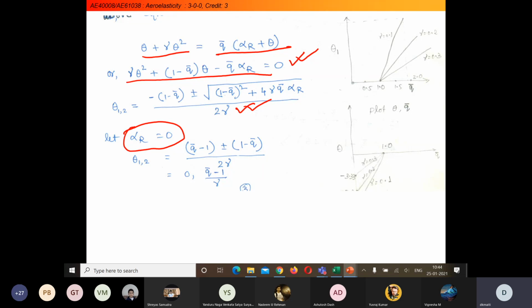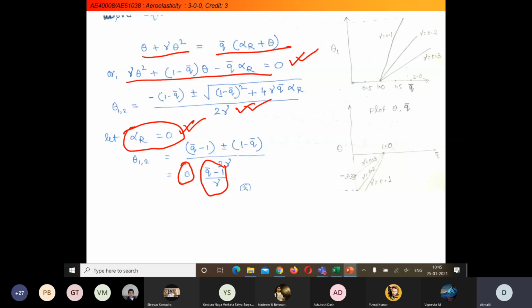Then once I substitute alpha r equal to 0, theta 1 comma 2 becomes q bar minus 1 plus minus 1 minus q bar divided by twice gamma. So we will have one root equal to 0, another root q bar minus 1 by gamma. So depending on the value of gamma, the divergence speed can be calculated.